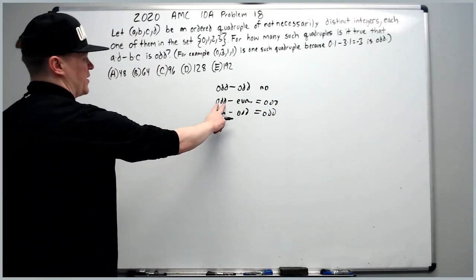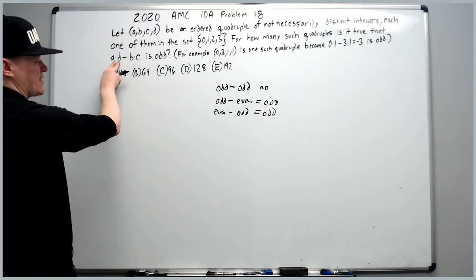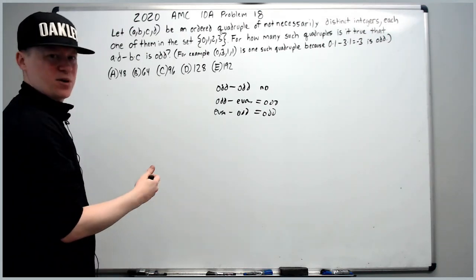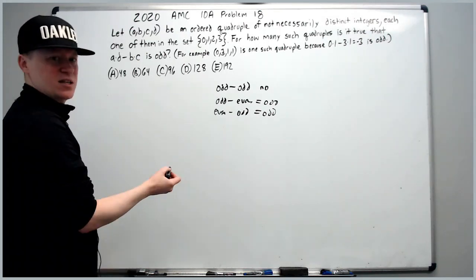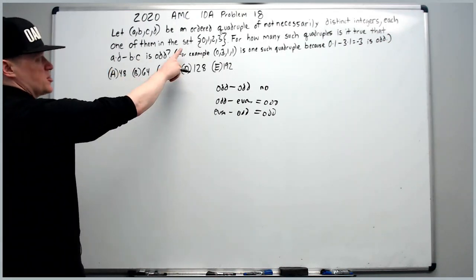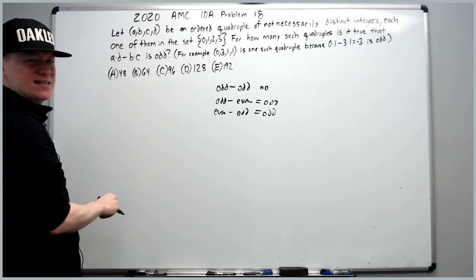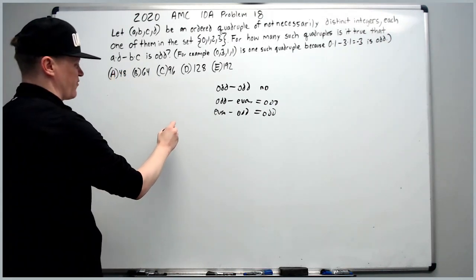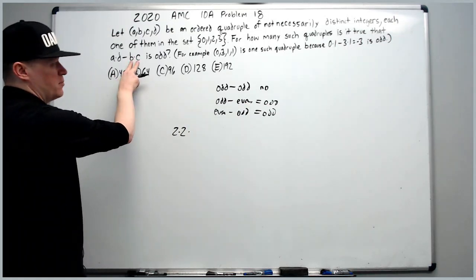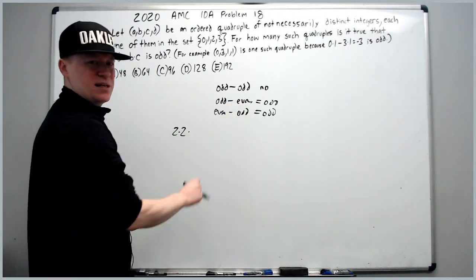So we just need to count the number of ways first that A times D can be odd. Now the only way you get an odd with the product of 2 integers is if they're both odd. So I would need A to be odd, and there's 2 ways for that to happen, and D to be odd, there's 2 ways for that to happen. Okay, so then it's times the number of ways that BC can be even.